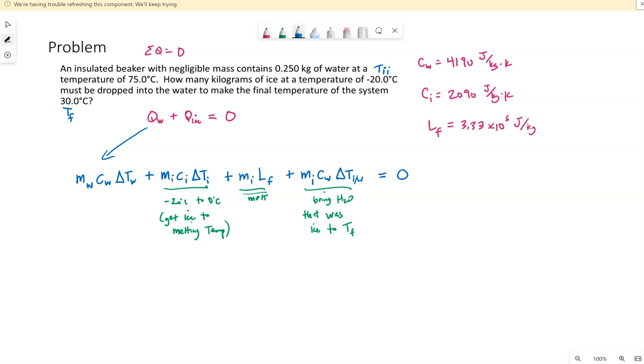All right, so our water, we have 0.25 kilograms of water. C of water is 4190. The final temperature of everything is 30 degrees Celsius. The water, though, was initially at 75 degrees Celsius.